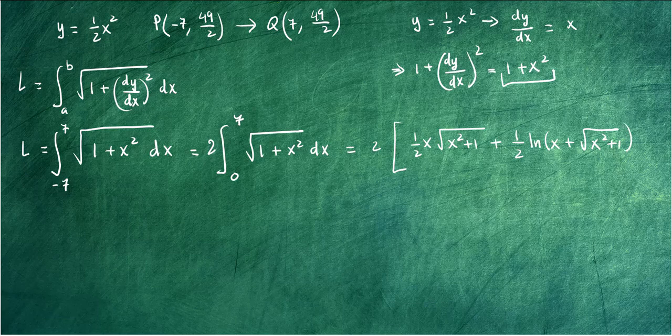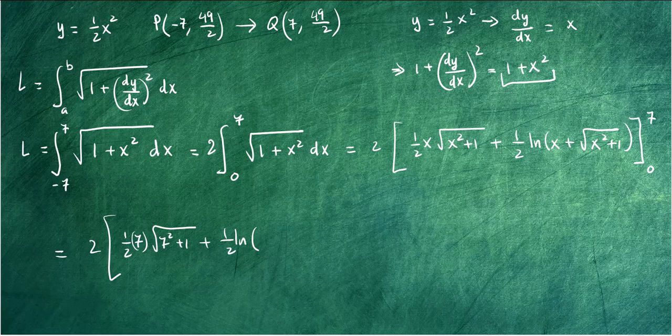All right. And then we will go from 0 to 7. And you will have to plug in 7. So I have 1/2 times 7 times the square root of 7 squared plus 1, plus 1/2 ln of 7 plus the square root of 7 squared plus 1.